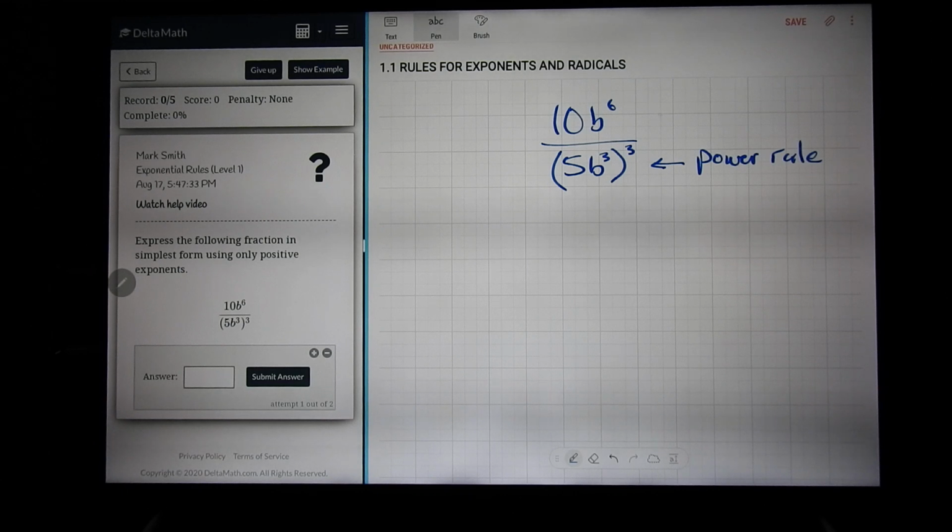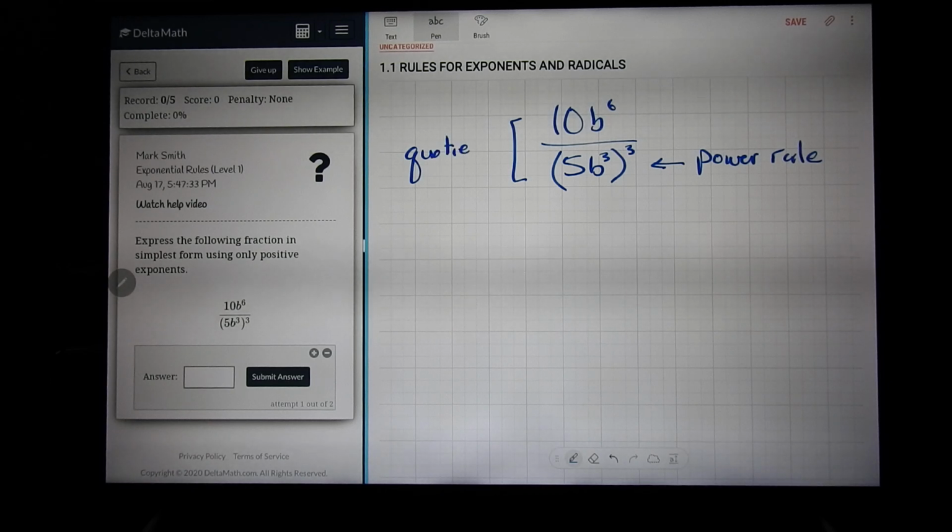And then we also have, since this is division, remember division, that cool word quotient. I don't know why I like it, but it's a cool word. We also have the quotient rule. So let's look at the power rule.